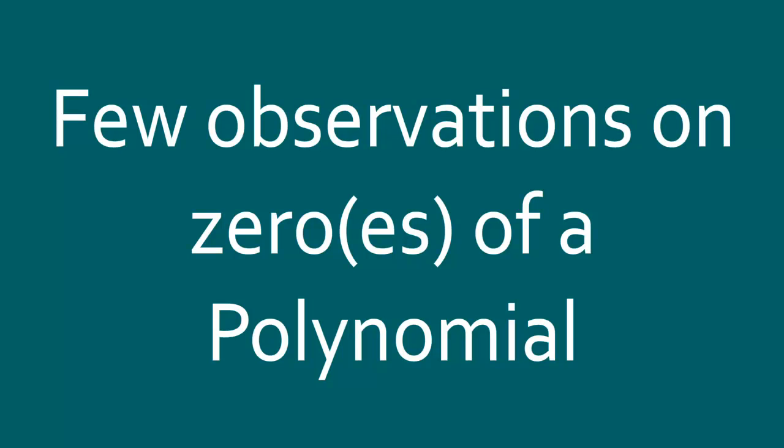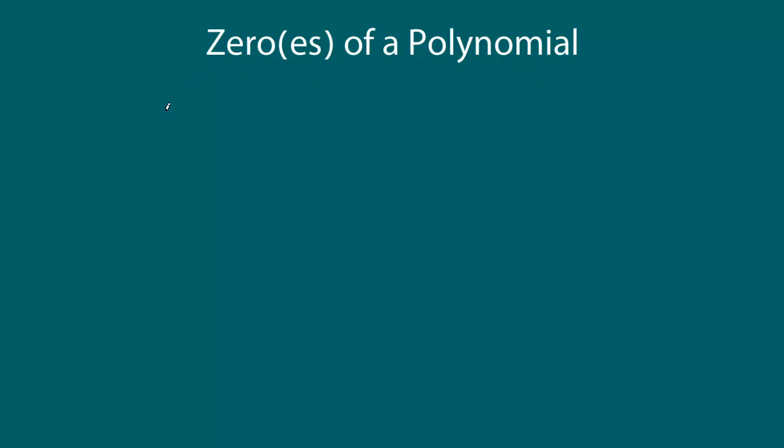Let's quickly recap a few observations that we have made regarding the zeros of a polynomial. Now, we have seen that, let's say, if we have a polynomial p(x) defined as 3x, and we want to find the zero of this polynomial, how do we do it?